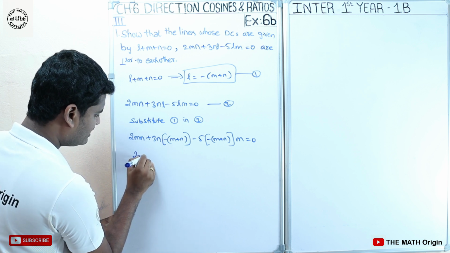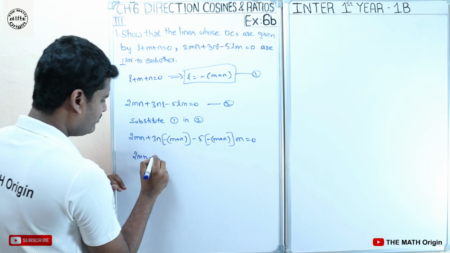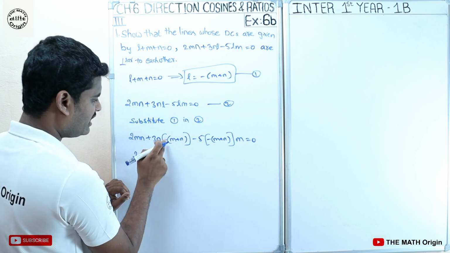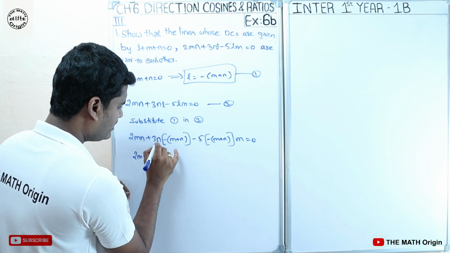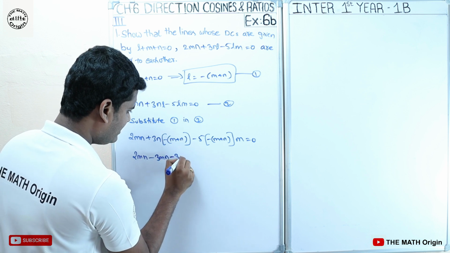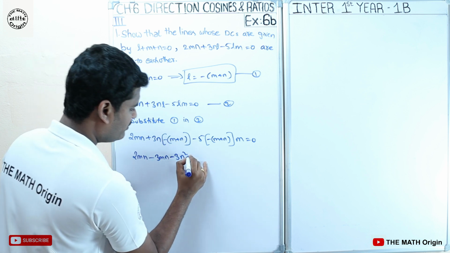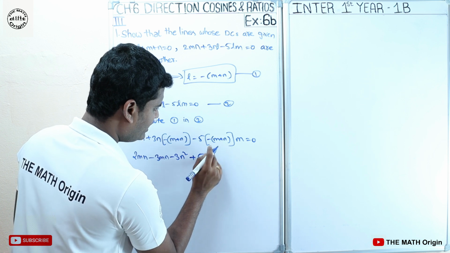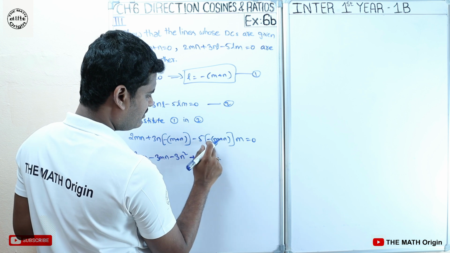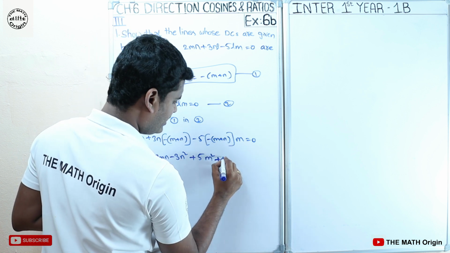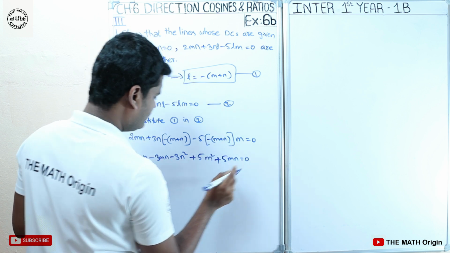Now let's do the simplification. Minus 3, I took minus outside, so 3mn and minus 3n square. In the same way, plus 5m square plus 5mn equals 0.